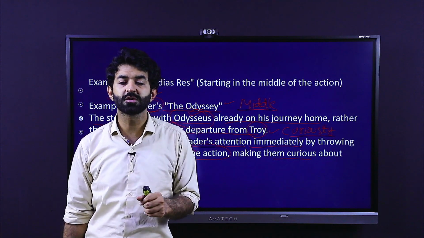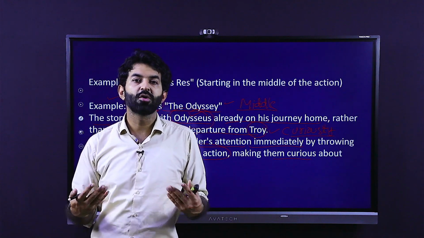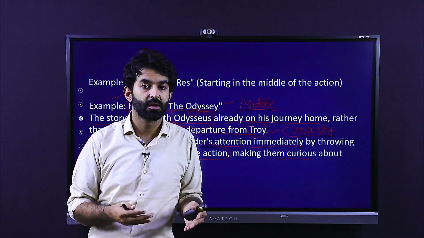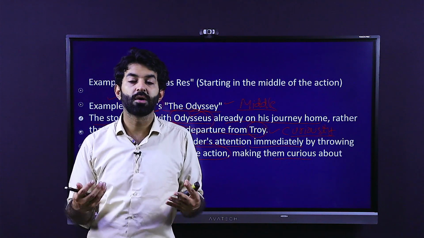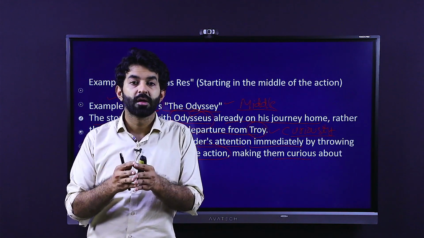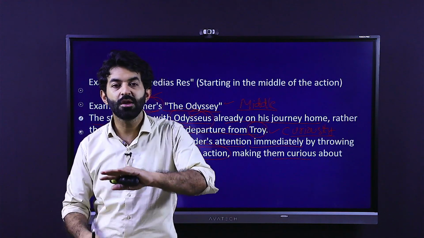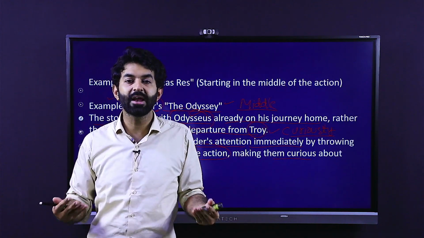Now, in some stories, students, you are told about the ending at the very beginning. You must have seen some plays, dramas, or movies where you are shown that the character is dead. Now the story goes back to how he died. So you are already told the end.